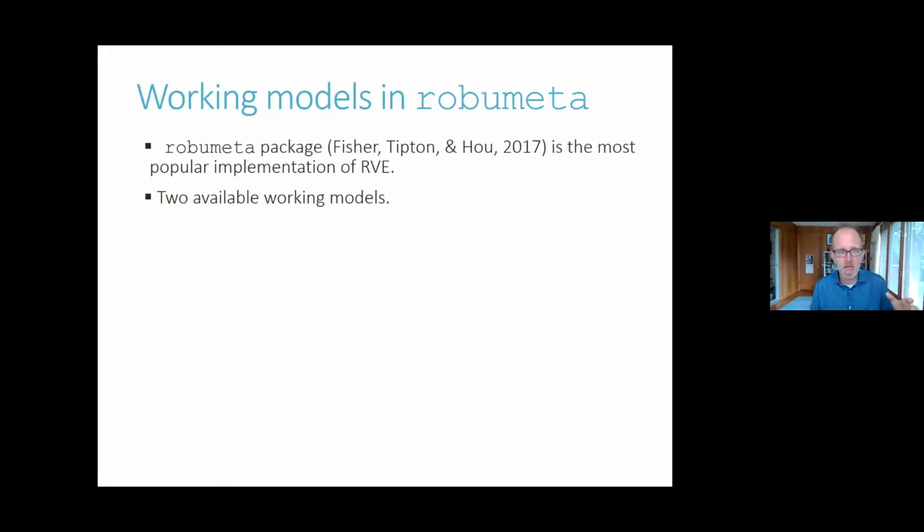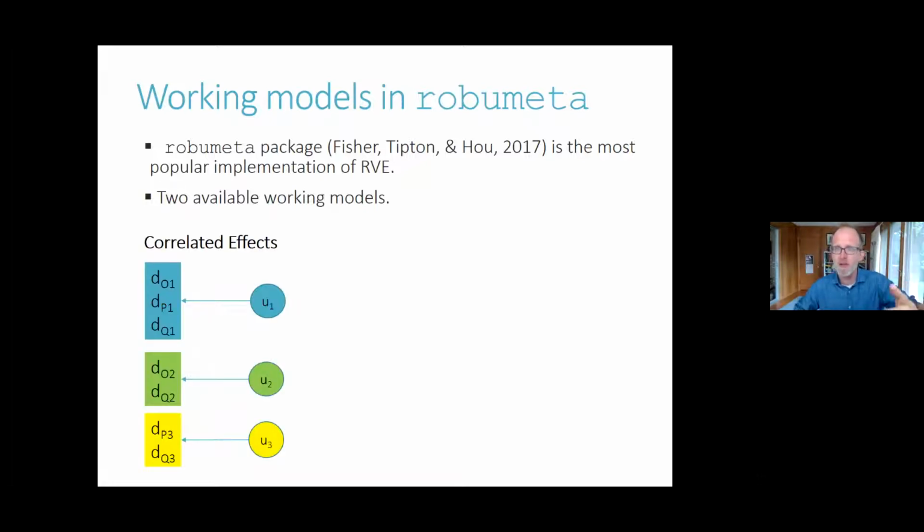It has a big constraint in it, which is that it has two working models, both of which are very constrained. So let me tell you about those and then show you how you can break free of that constraint. The two working models available in robumeta are called the correlated effects model and the hierarchical effects model.